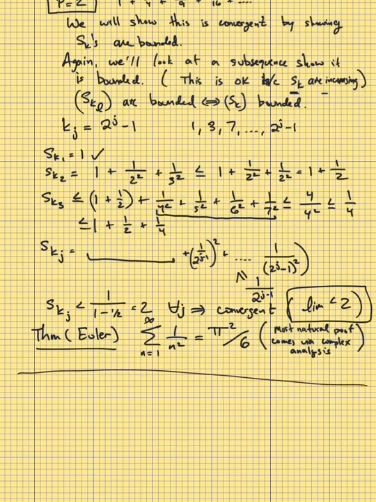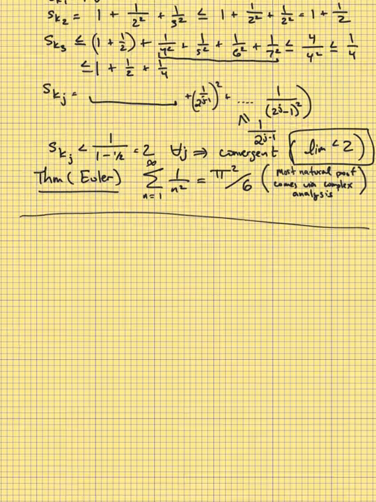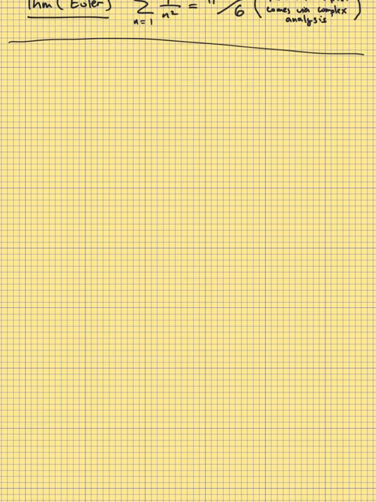Okay, so let me just give you the general picture and then state some more facts. In general, if I'm looking at the sum from n equals 1 to infinity of 1 over n to the p, then this converges if p is greater than 1 and diverges for p less than or equal to 1.